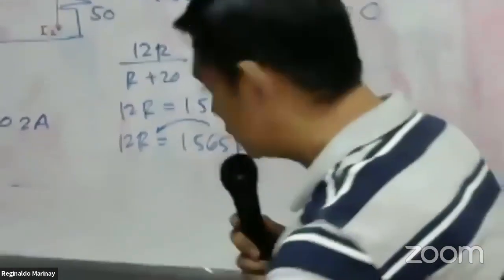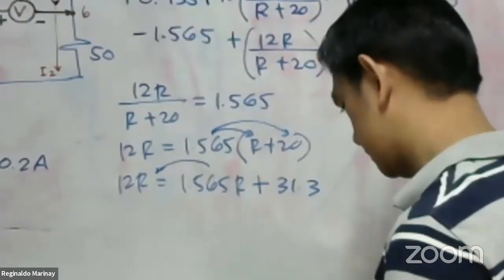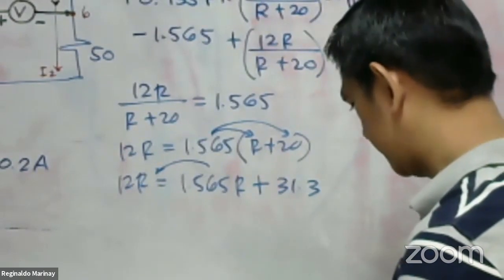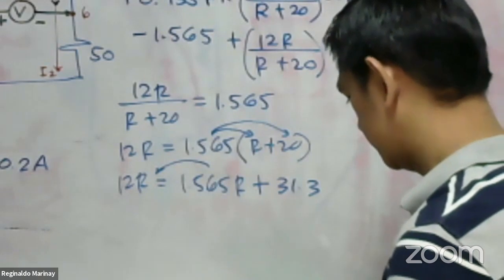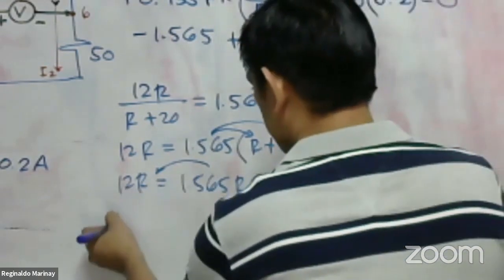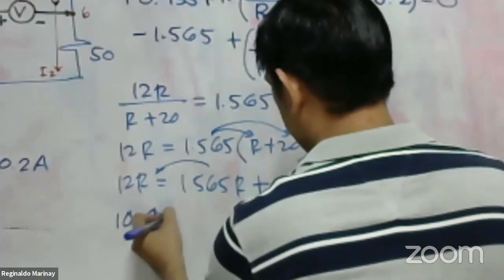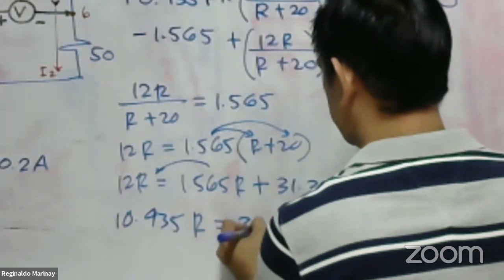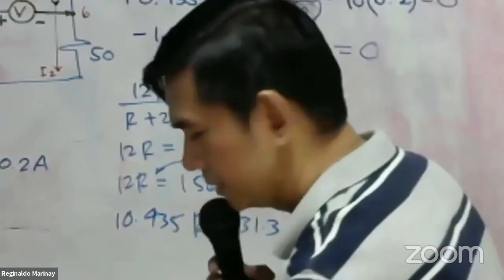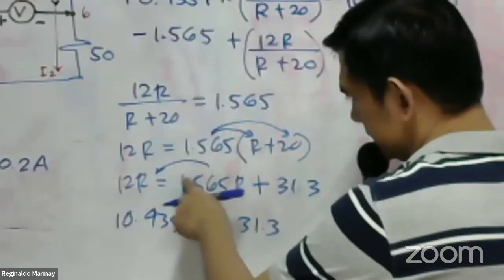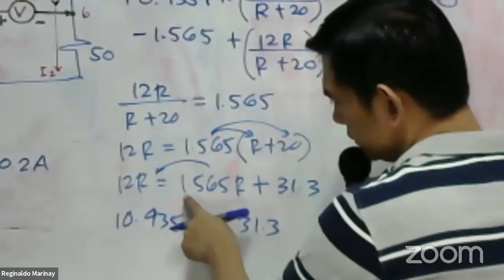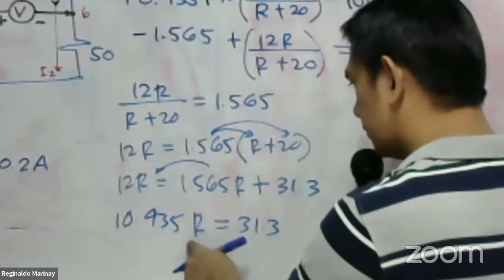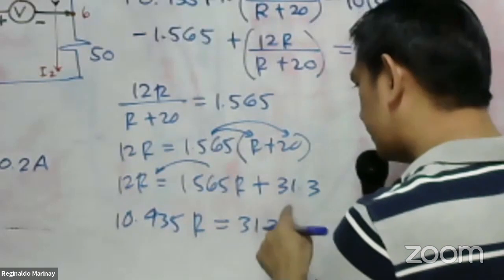So that will become 12 minus 1.565, I just simplify this, that will become 10.435R equal to 31.3.